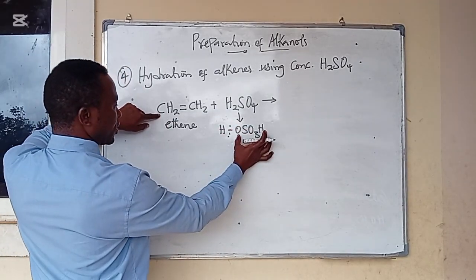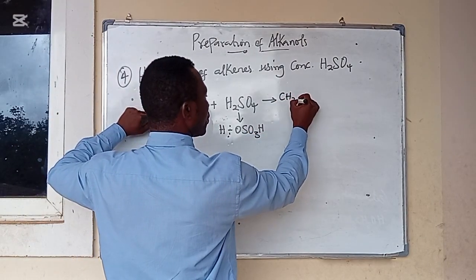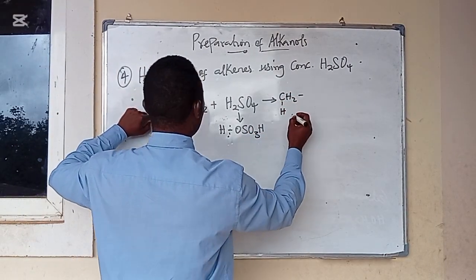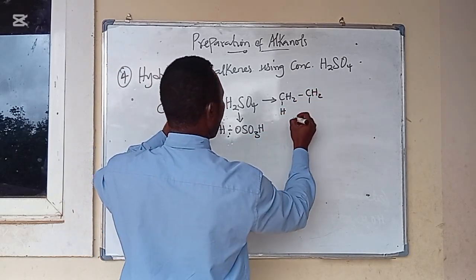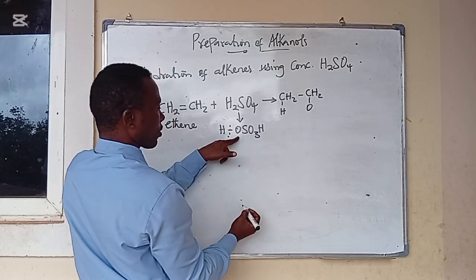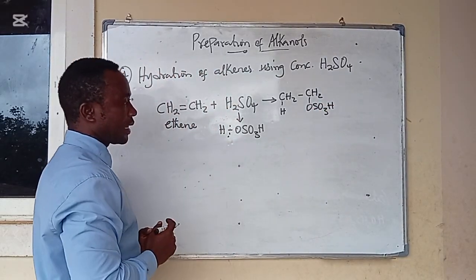Then this we add to this carbon, so that we have CH3, CH2, then the bond breaks so that OSO3H will be added.